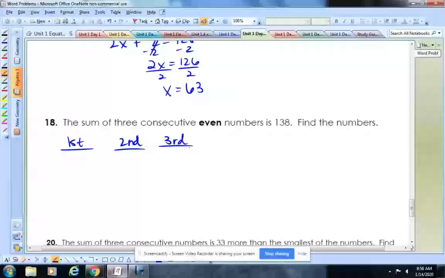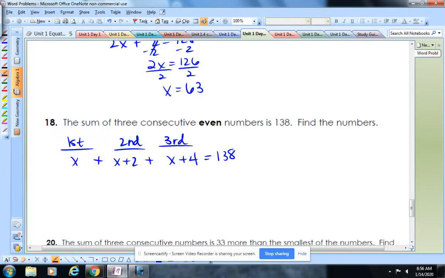So what are we going to call the first number? The second number? X plus 2. Because these are even, good. And then what are we going to call the third one? X plus 4. Because it goes up 2 more from the previous. Does everybody understand that one? Add them together and set it equal to what? 138. So if it says 3 of them, you need a first, second, and third number.